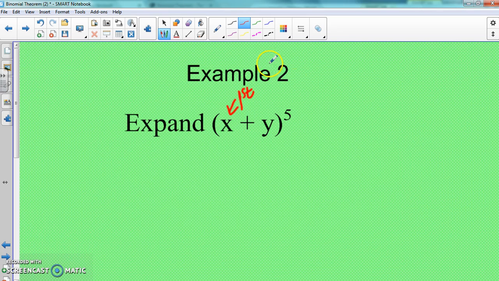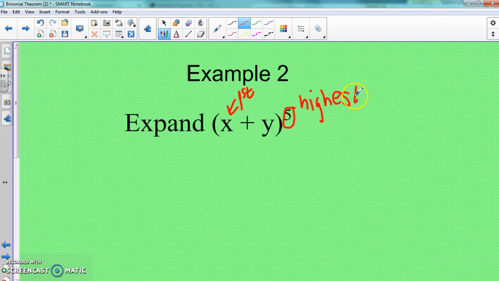With our first term, we write down that term for each one of them, and then we go from the highest exponent down to 0. And remember, this is our highest exponent.